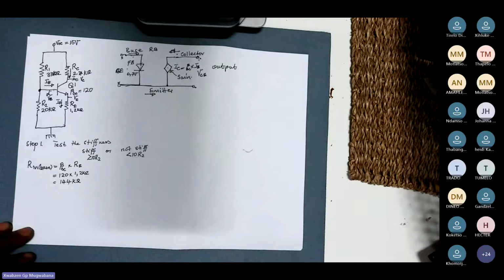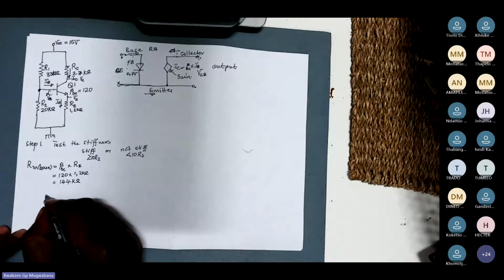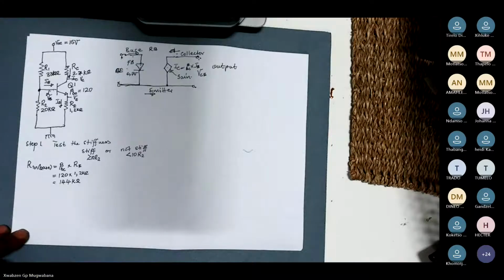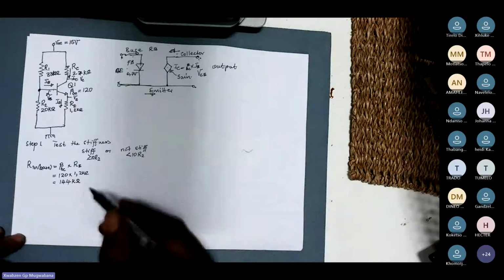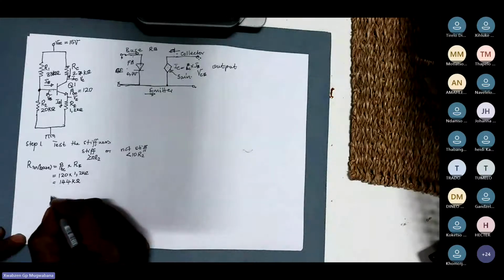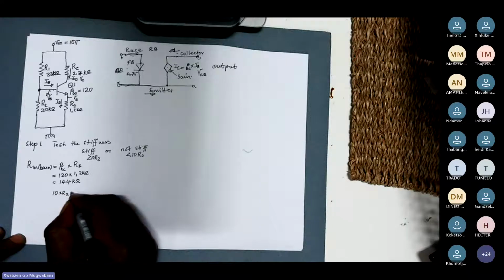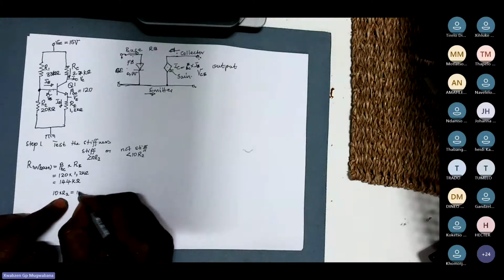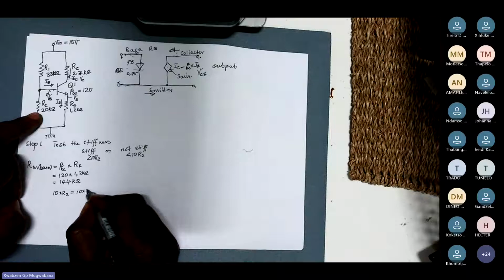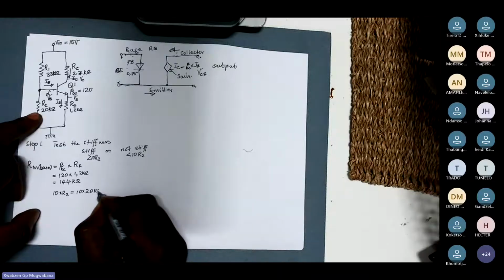In this case, what is 10 times R2? It will be 10 times your R2, which is 20 kilo ohms.